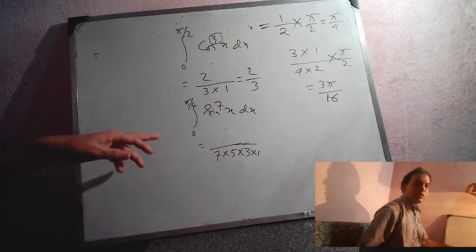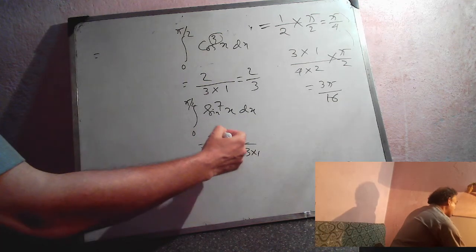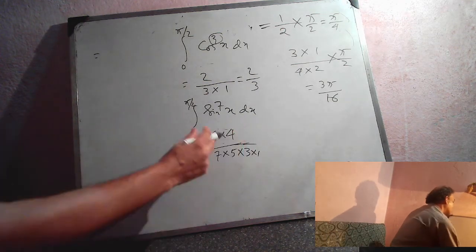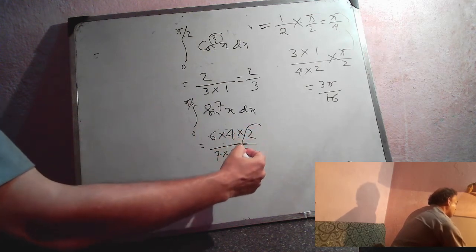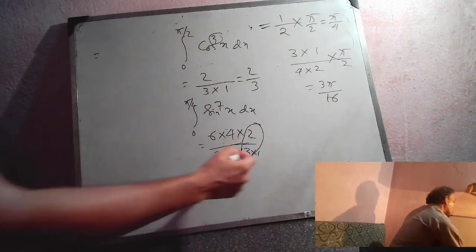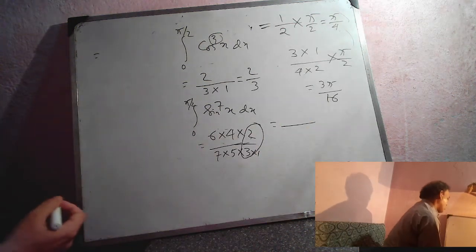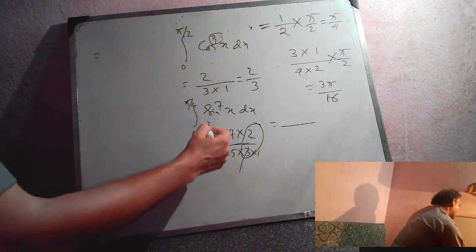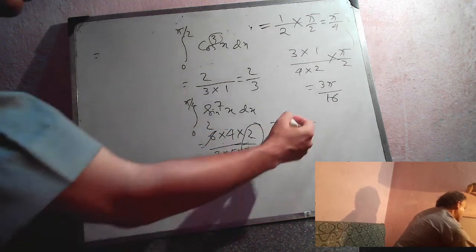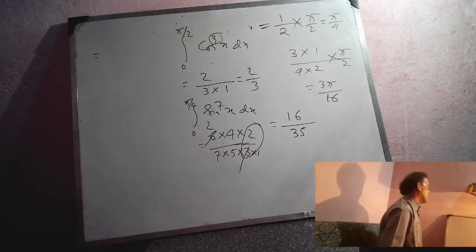At the numerator we should put 6 first, then 4, that is 6 minus 2, then 2. So we are getting 2 by 3. Now its simplified value: 2, 3 to the 6, 2, 4, 8, 16, so 16 upon 35. It is the final answer.